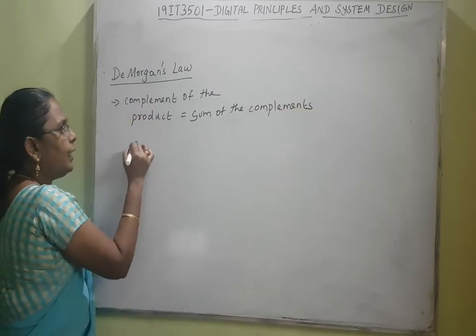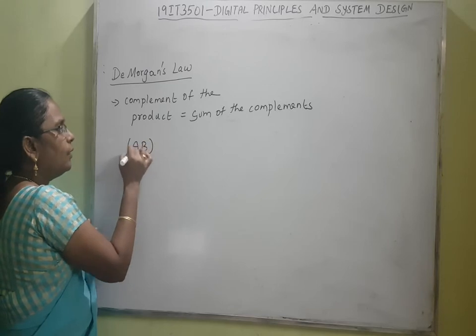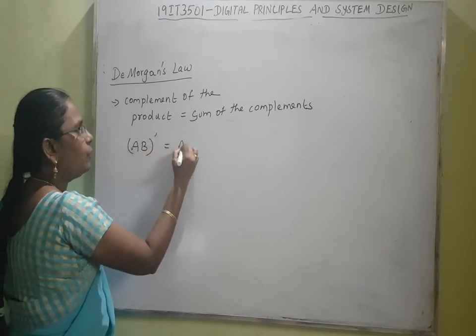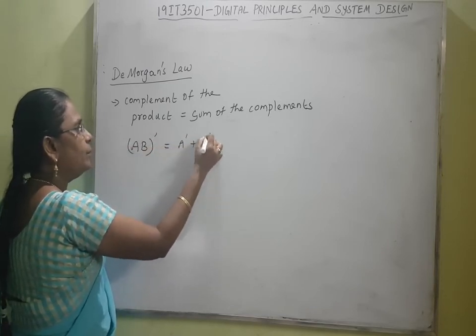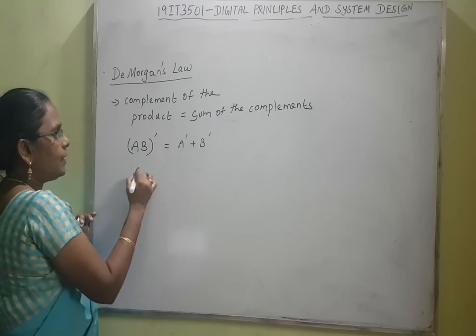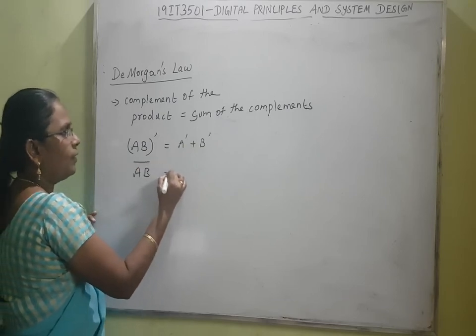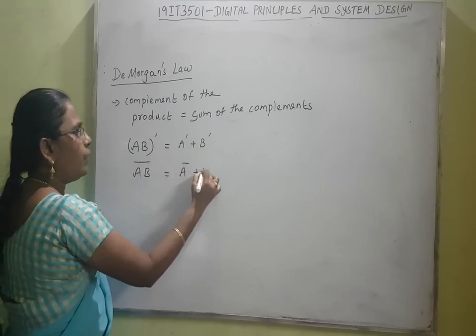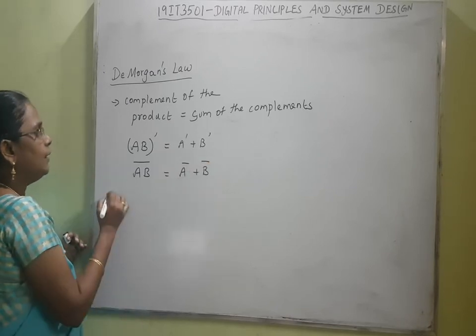That is, A into B the whole dash is equal to A dash plus B dash. Or you can say AB the whole bar is equal to A bar plus B bar.